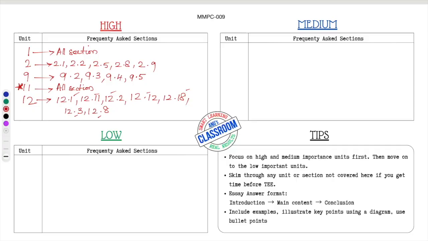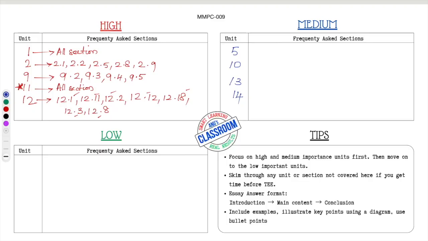Okay, coming to the medium important units, these are unit number 5, unit number 10, unit number 13 and unit number 14. These are the medium importance units. Unit 10 is work design and job design from block number 3.